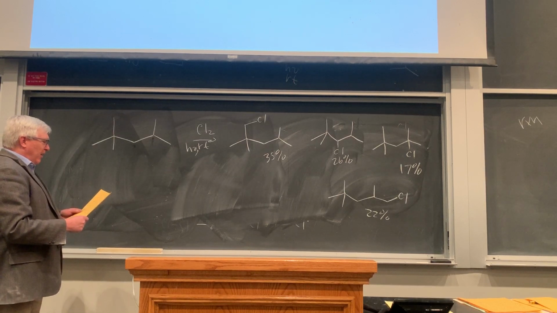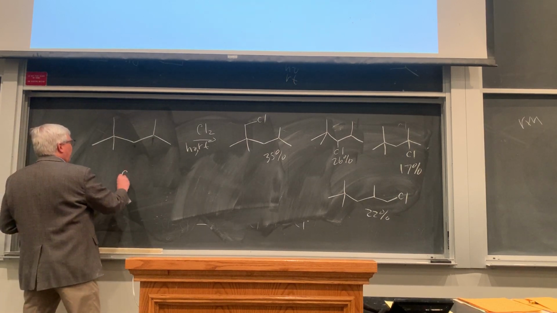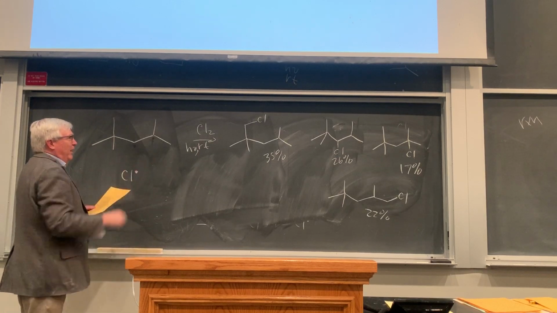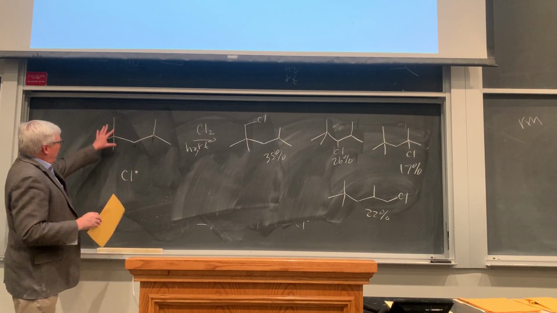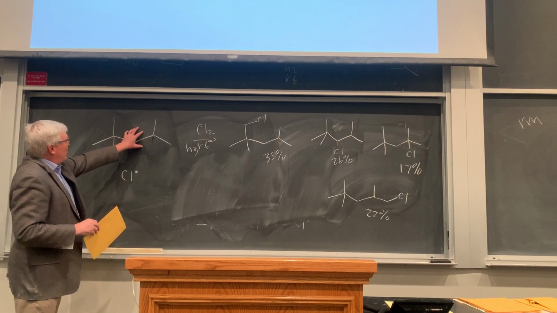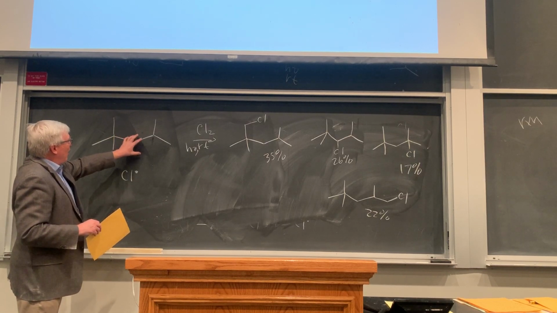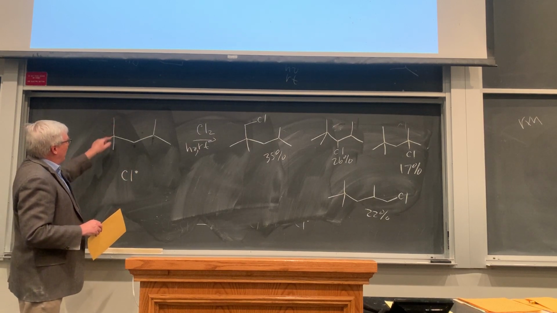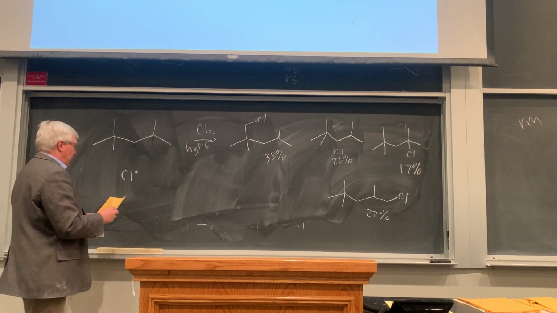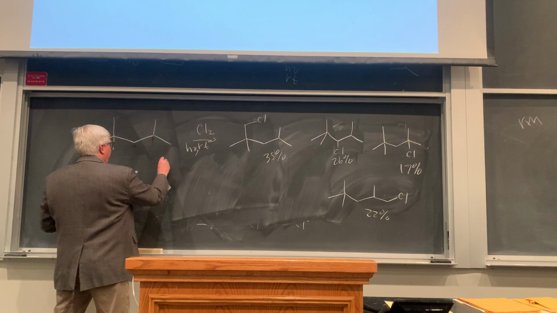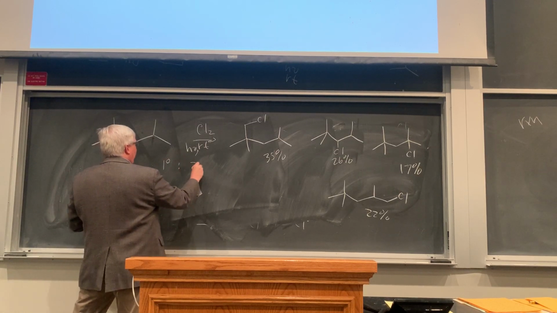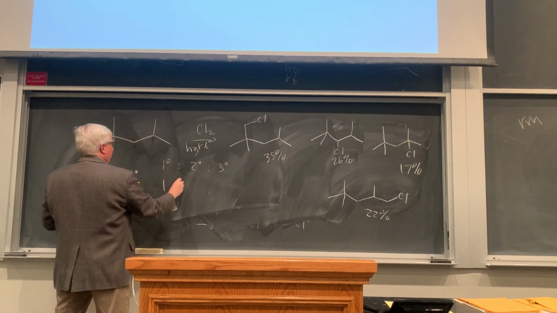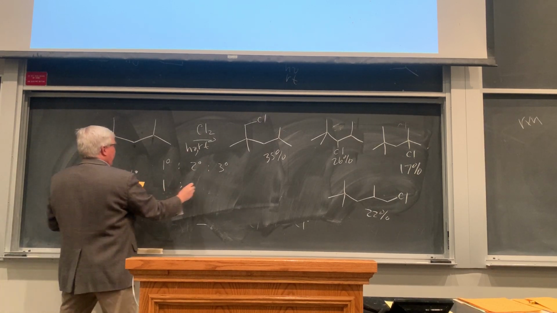There are ways to calculate this out, but let's just say chlorine radical selectivity: the relative ratios parallel the stabilities of the carbon radicals, and the ability of chlorine radical to form those carbon radicals at that position. So we've got primary relative to secondary, relative to tertiary, and let's just leave it at this. This is normalized to 1.